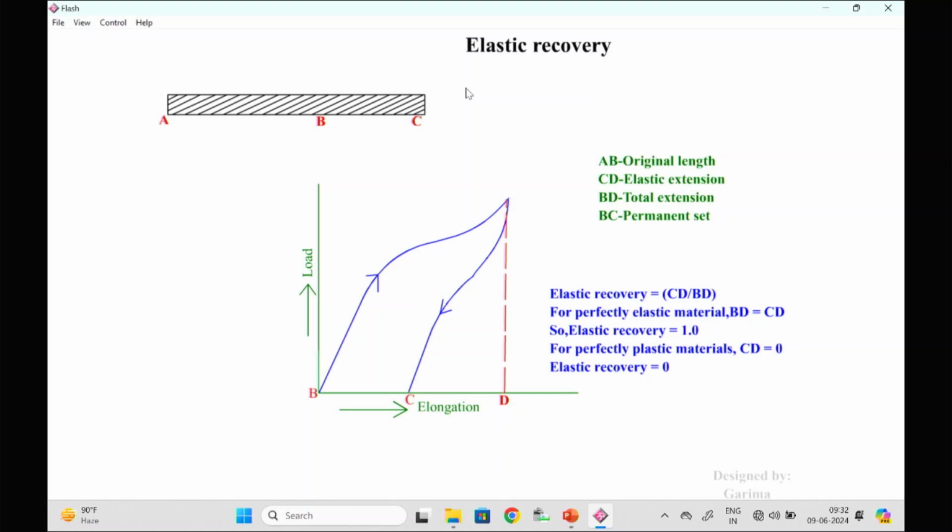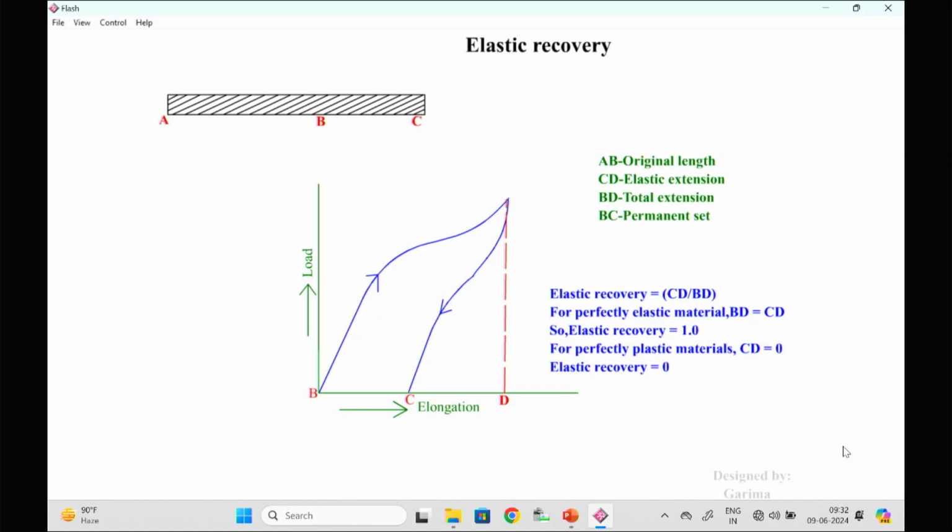BC is the distance, it is the total stretch, and BD is the total elongation, and then after relaxation, after releasing the load, the material has come back to the position C.